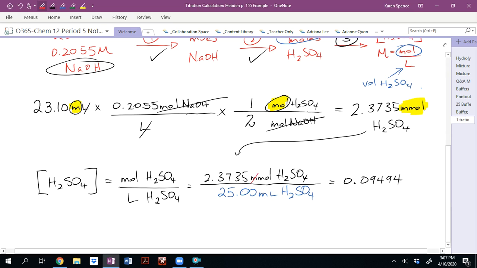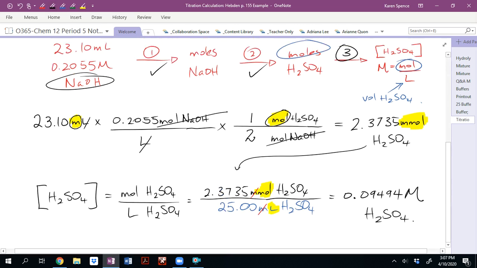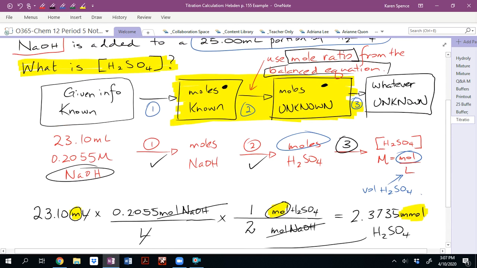The millimoles cancels with the milliliters, and we are left with moles per liter. So that's going to be moles per liter, or we can simply write it as molar H2SO4.